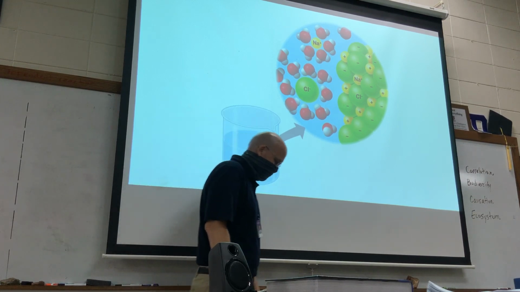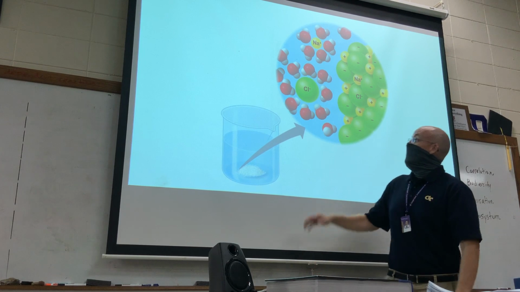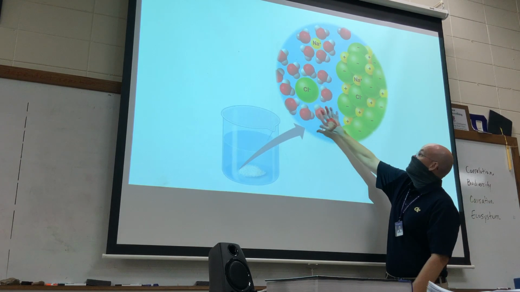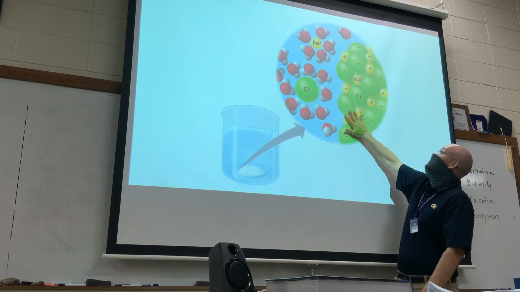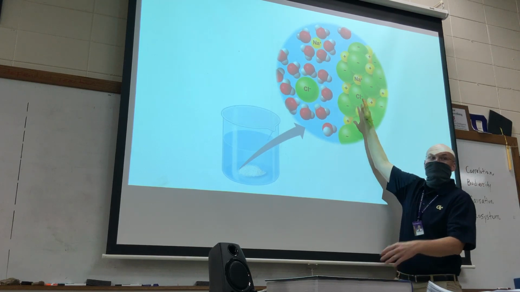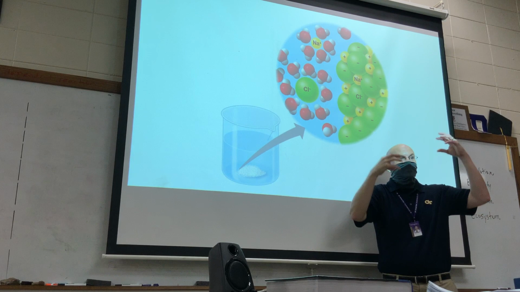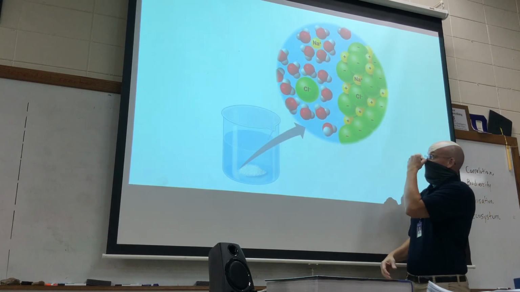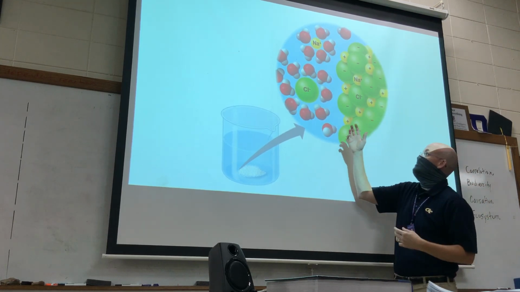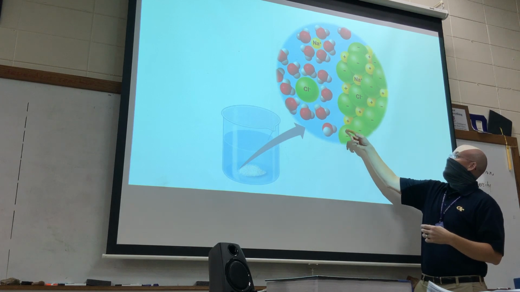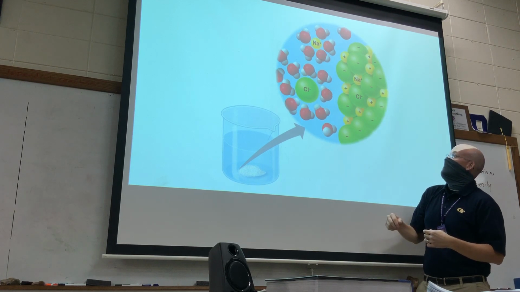All right? So what ends up happening when water molecules come in contact with salt, and this is kind of what salt would look like if you could see the individual particles. It's just these ions stacked in a block or a cube in the case of salt, alternating in their charge.